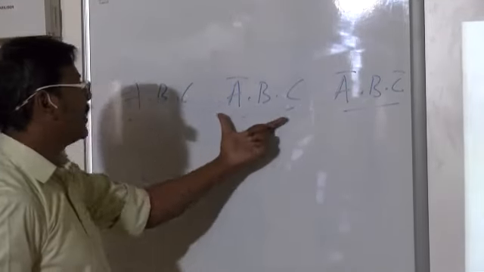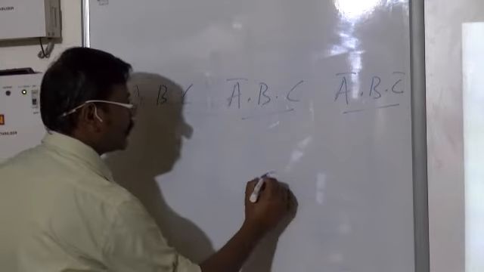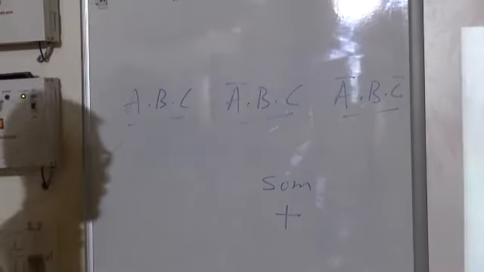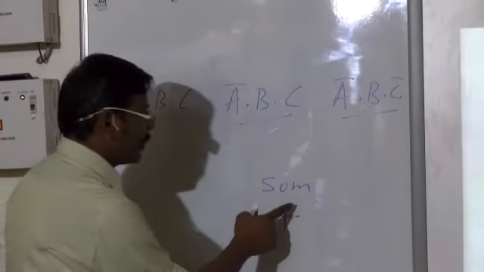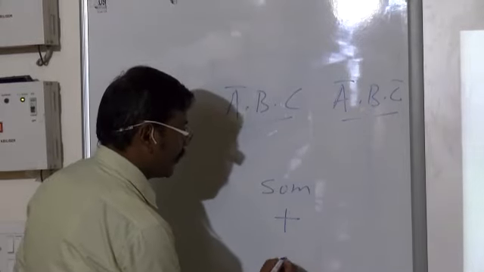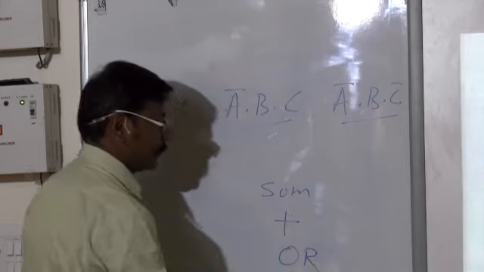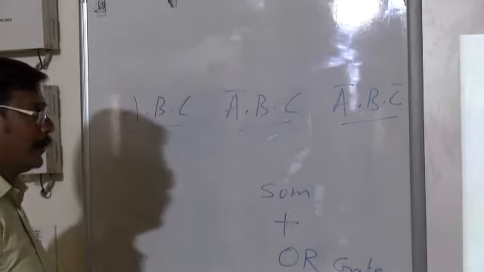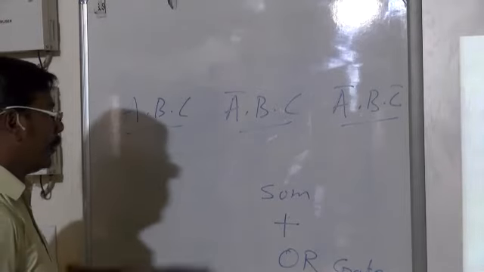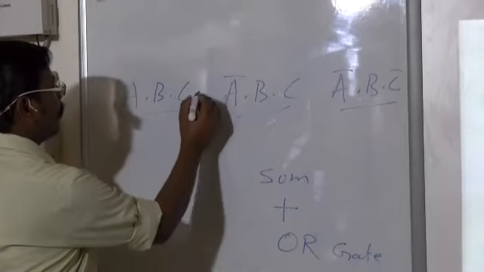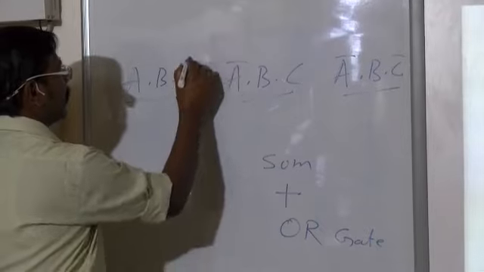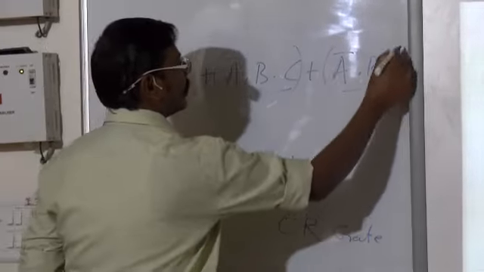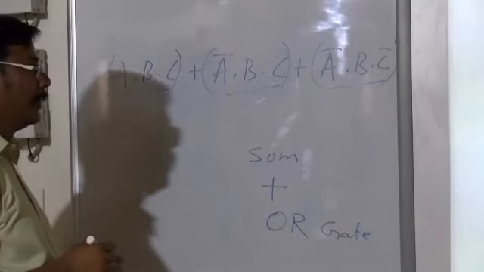Now if we want to find the sum, when we speak of sum, mathematically it means the plus sign. When we take this to Boolean algebra, the plus sign is for the OR gate. So, sum of the product. We put a plus sign between these products.